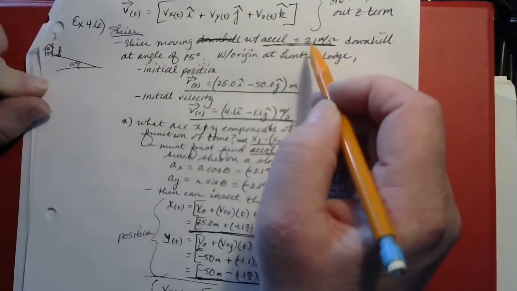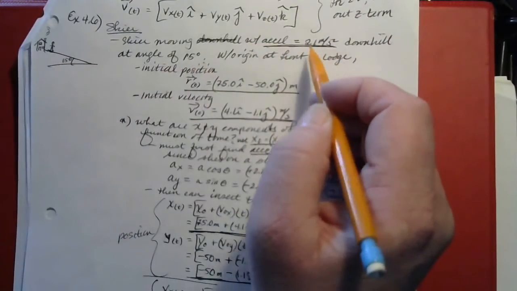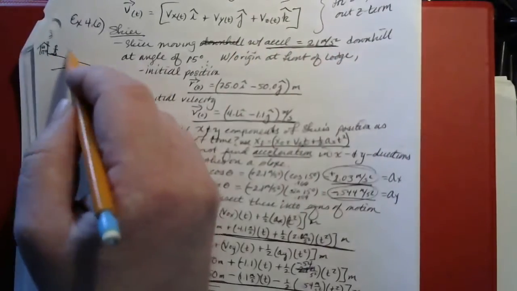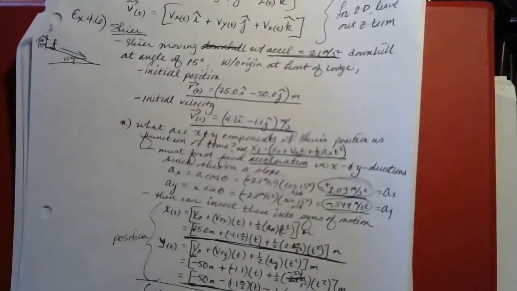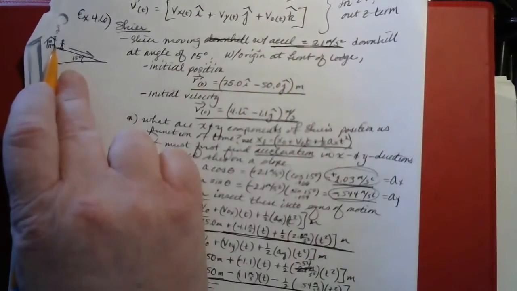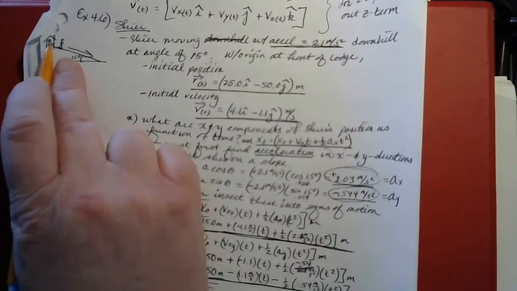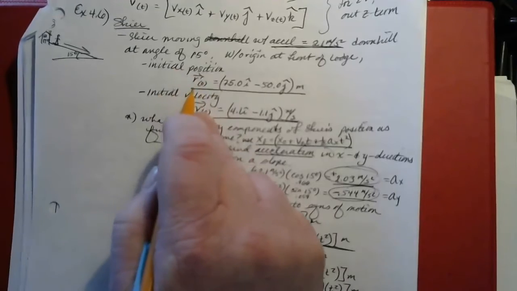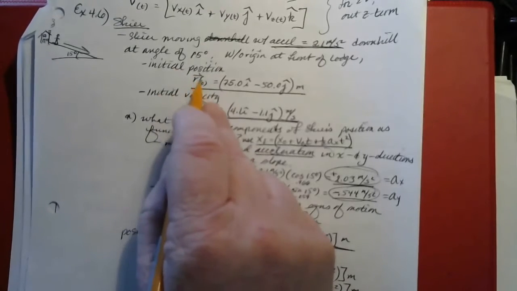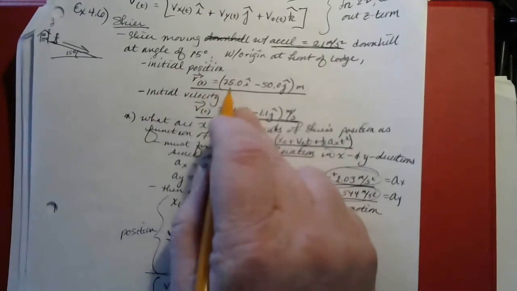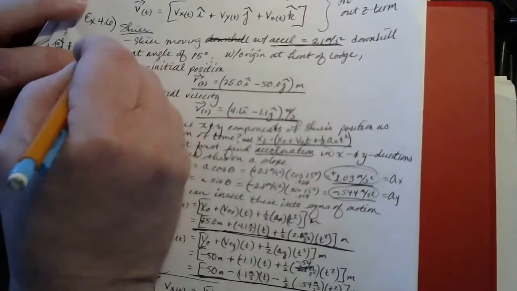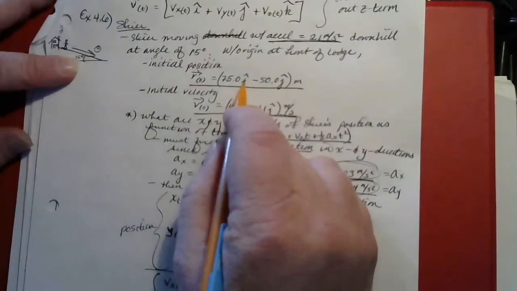The acceleration, because it's at an angle, is a magnitude of an acceleration, basically going downhill in this direction. And the origin is considered to be the front of the lodge. That's the little house I drew here. And the initial position of the skier is given by the vector r at 0 time, and that is 75.0i.